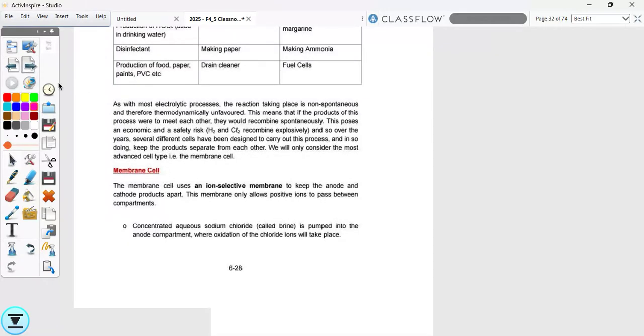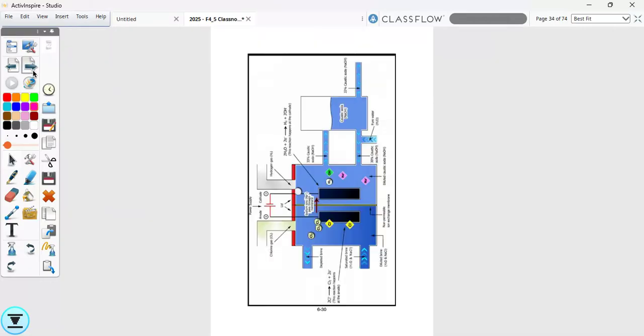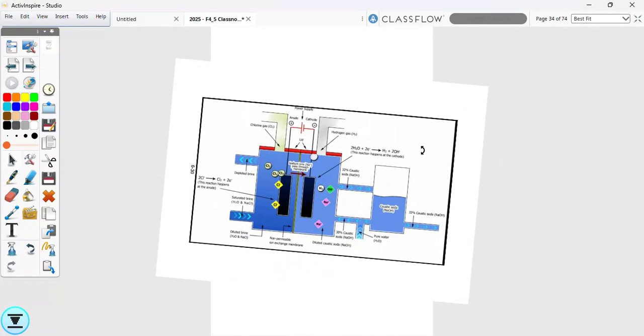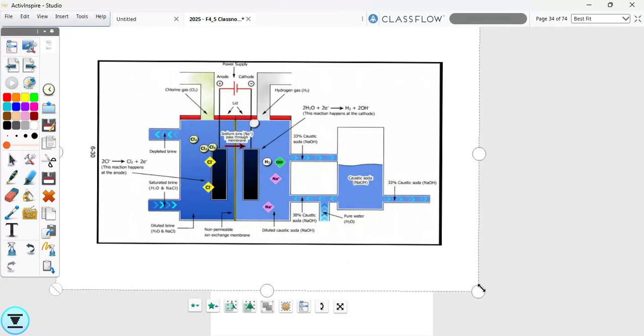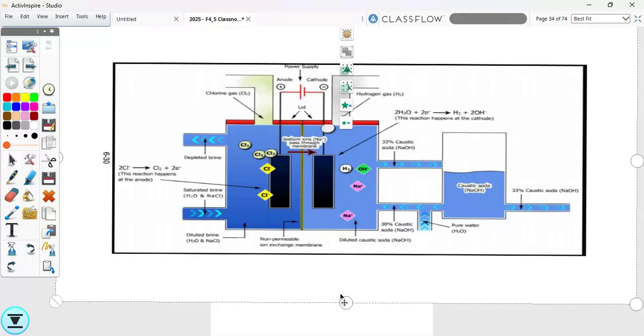And why do we need a special cell for this? Here's the diagram. Why we need a special cell is because of these two gases that form in this industry. They are poisonous, but that's not the whole big problem.